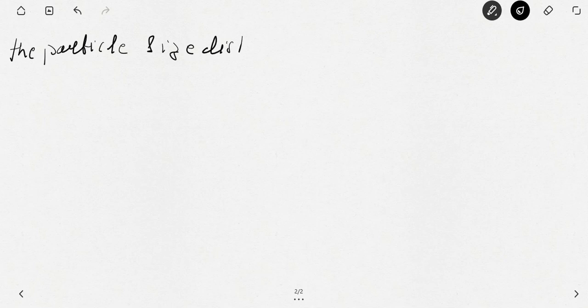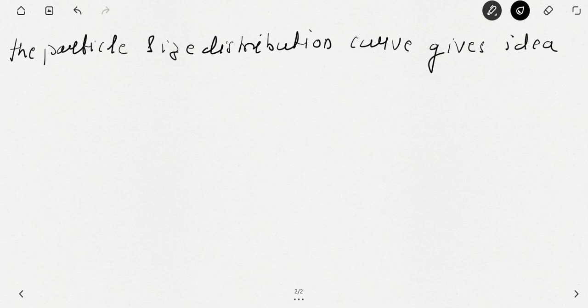Okay, we are ready here. So the particle size distribution curve gives idea about two things.